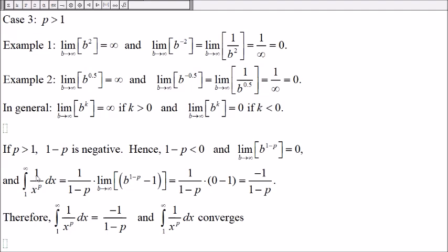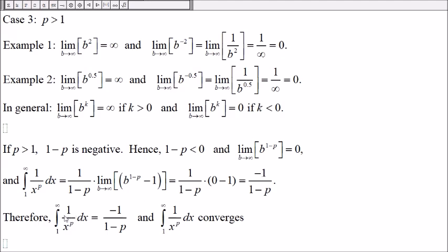The integral of 1 divided by x to the p, we worked this out earlier, and it comes out to be 1 divided by 1 minus p times the limit of b to the 1 minus p minus 1. The limit of b to the 1 minus p, because 1 minus p is negative, will be 0. And then the limit of 1 is just 1. So we get 0 minus 1, which is negative 1.